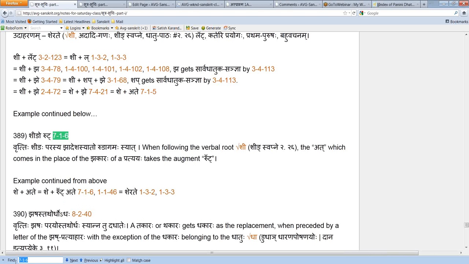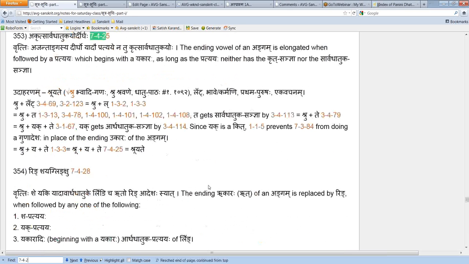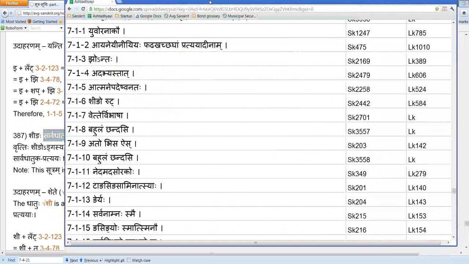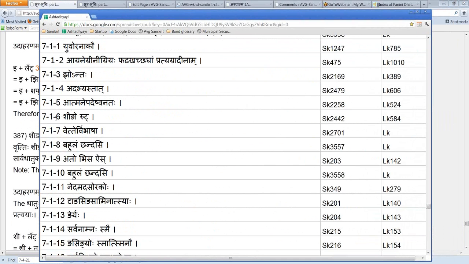And the second thing is 7-4-21, I think. Shinga Sarvadhatuke Gunaha. That's only Sarvadhatuke. These are two special rules for the dhatu shing swapne, and the good thing is that both of these have this Shinga.